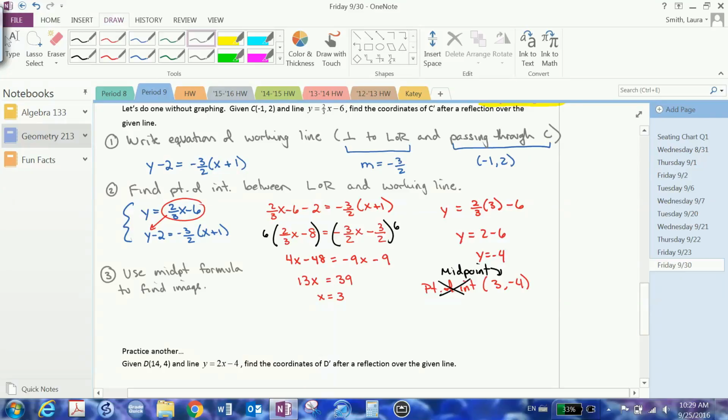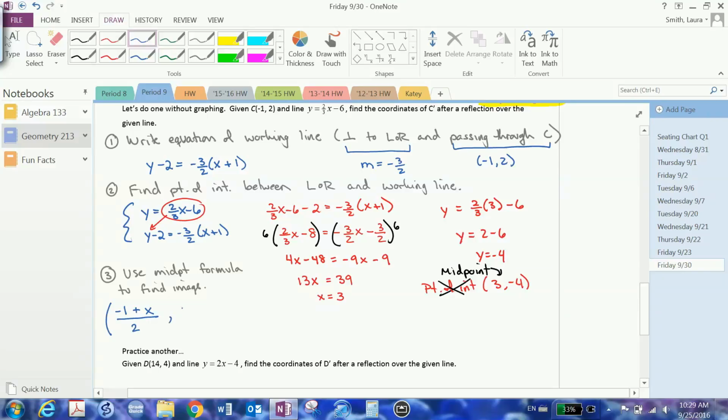All right. So in this case, I know the midpoint and I want to find the other endpoint. So what I have is, in my midpoint formula, I have one of my endpoints, which is C. So that x coordinate plus the missing x coordinate, average.